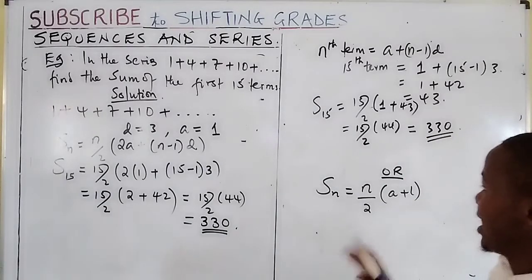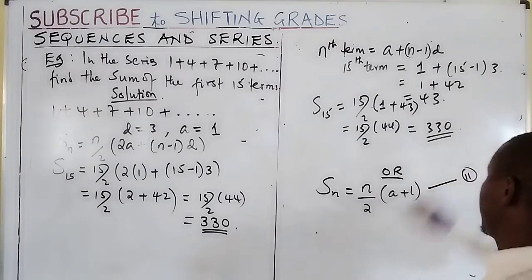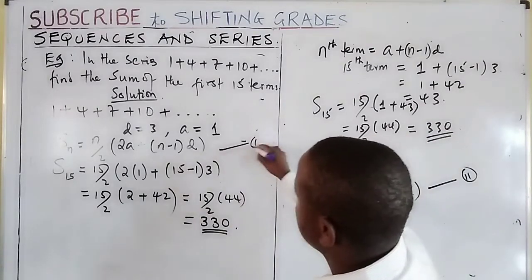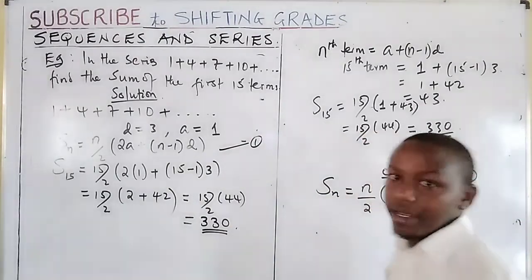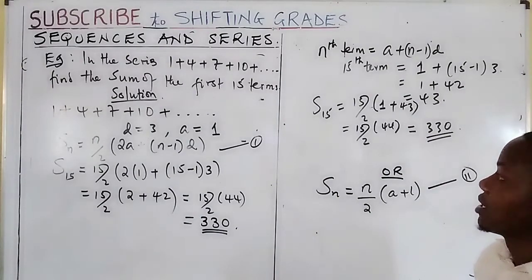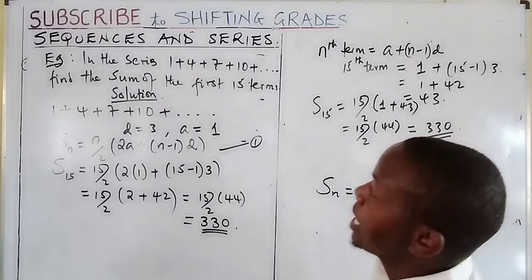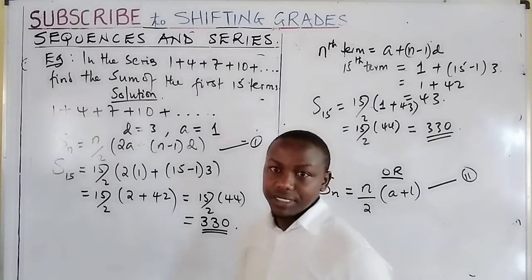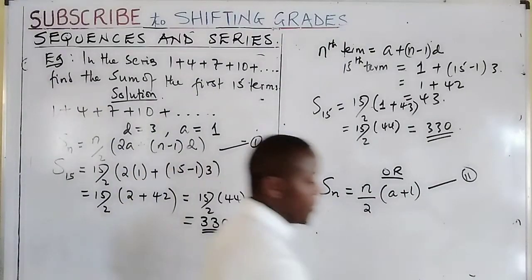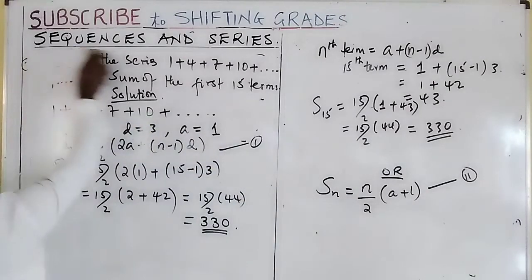So we can use the two formulas interchangeably. So that's how we obtain the sum in an arithmetic series. Now we can check something on the geometric series.